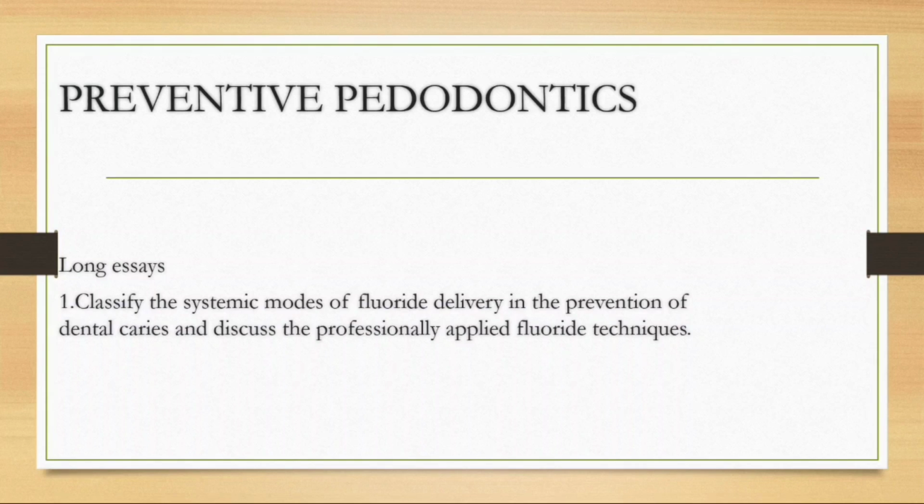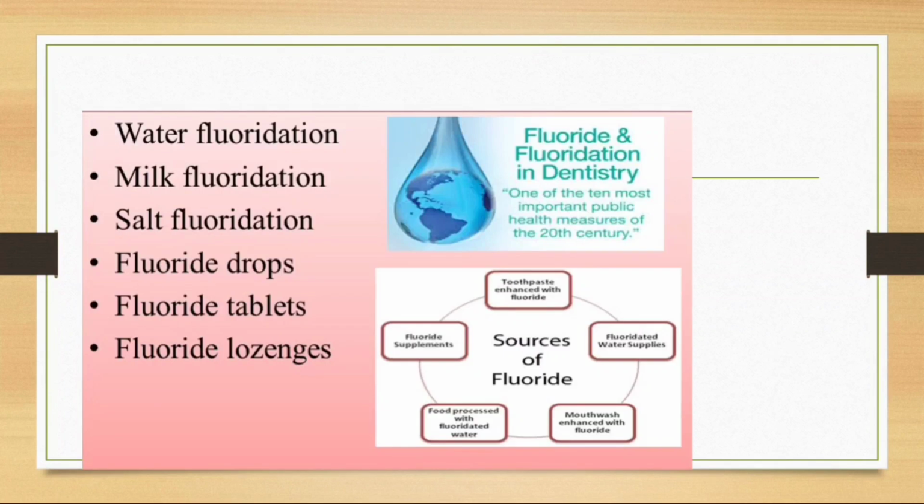So anyway, we'll start with systemic fluoridation. We have water fluoridation, that is community water fluoridation, and it can be school water fluoridation. In community water fluoridation, the parts per million is just 1 ppm, because we are supplying it 24/7.